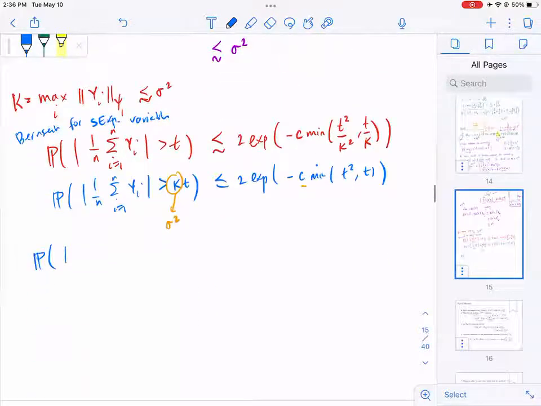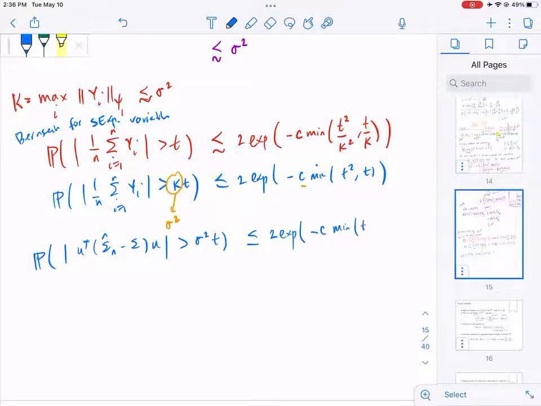So what we have shown is that U transpose (sigma hat n minus sigma) U bigger than sigma squared t is less than 2 e to the negative c min of t squared and t, right? If you haven't made any mistakes, something like this should hold.